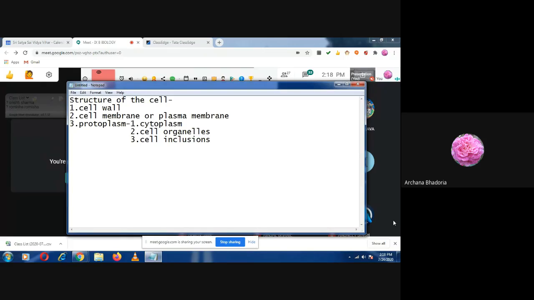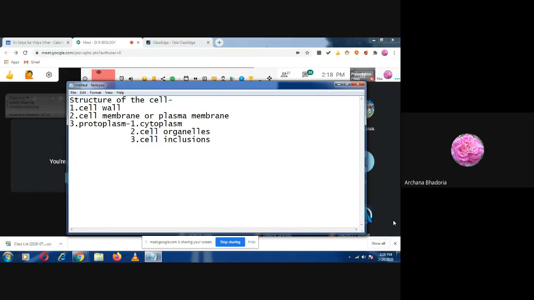Did you understand, everyone? The cell consists of the cell wall. Second, inner to the cell wall, there is a cell membrane or plasma membrane which forms the covering of the cell. Inside the cell membrane, the whole content of the cell we call protoplasm. The protoplasm includes the fluid, known as the cytoplasm, and in the cytoplasm the membrane bound cell organelles are present, and the other things are the cell inclusions.